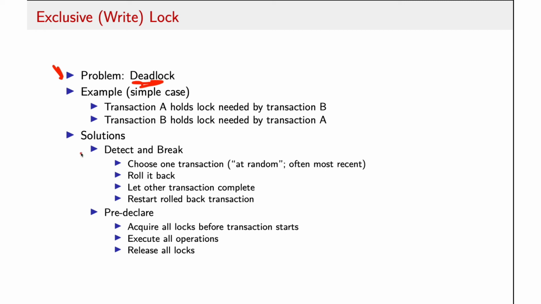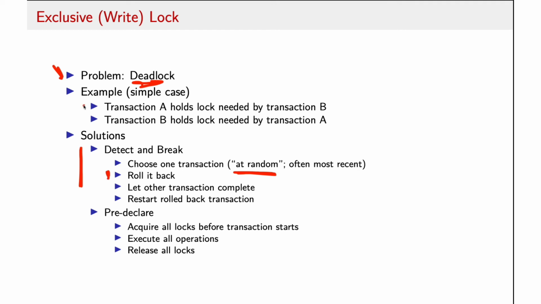Now there's some ways to deal with this. One of them is called the detect and break strategy. So for example, what we'll do is choose a transaction, and I've put it at random here in quotes. Oftentimes the one that's chosen here is the one that was executed most recently, sort of a first come, first serve model. You're going to just choose a transaction arbitrarily and cause it to roll back, and that's going to allow the other transaction to complete, right?